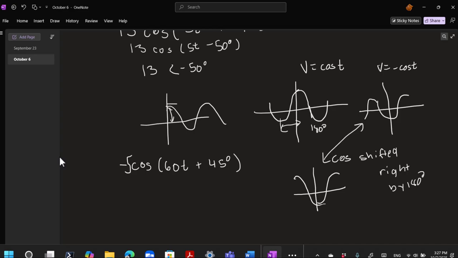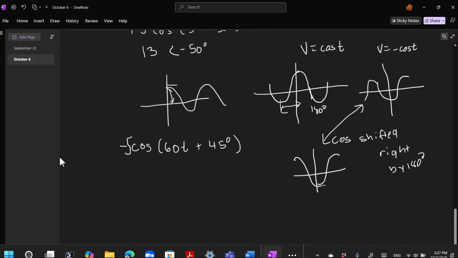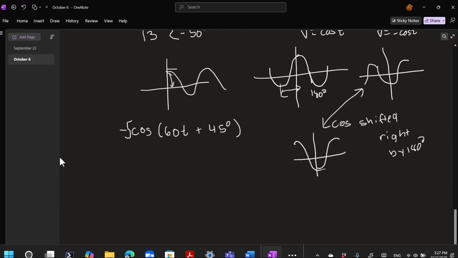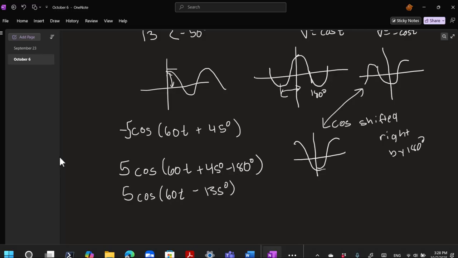And so the way I can turn a negative cosine into a positive cosine is to shift it by 180 degrees. So I would have 5 cosine 60t plus 45 degrees minus 180 degrees, or 5 cosine 60t minus 135 degrees, or 5 angle negative 135 degrees.